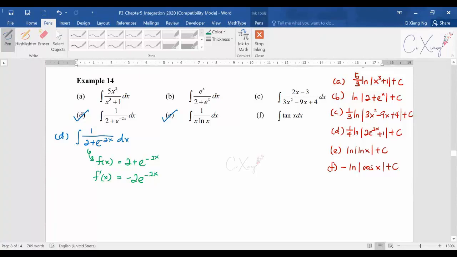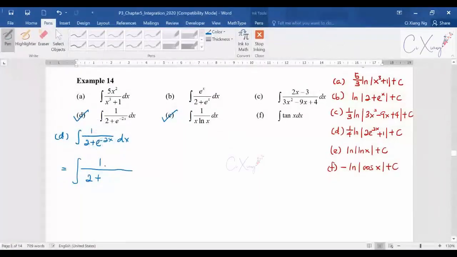So you will see that on top you only have a 1. You cannot do the adjustment either, because you would have to multiply in the negative 2e negative 2x. The x is already a variable, so you cannot multiply in a variable to make the adjustment.